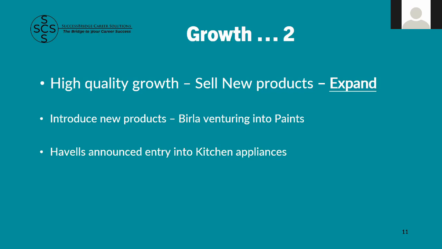So they made an entry into kitchen appliances. So that's a new product segment, albeit a very crowded segment. But they hope to use their existing brand presence in electrical products to sell their kitchen appliances.